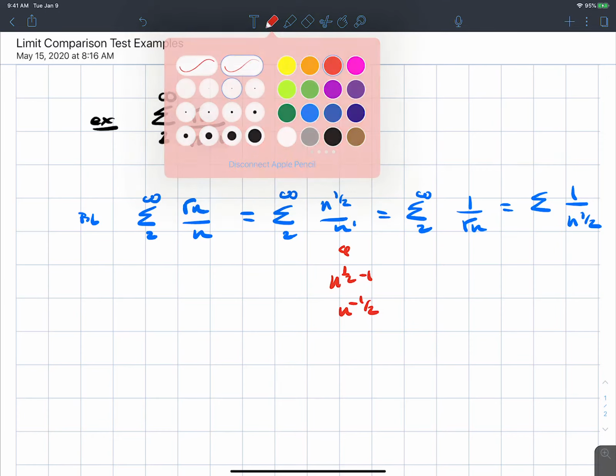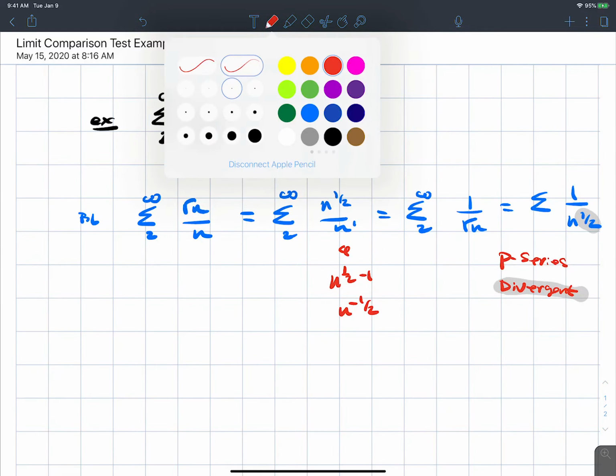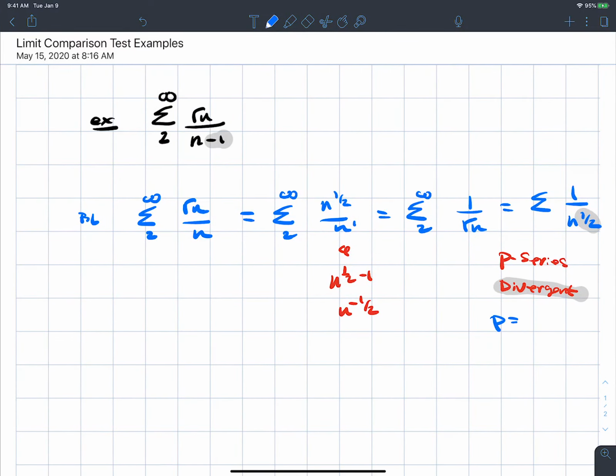So let's remember, this is a P series here. The power here is 1/2. And it's a P series, but it's a divergent P series, if you recall. We have a divergent P series because the value of P here is equal to 1/2.